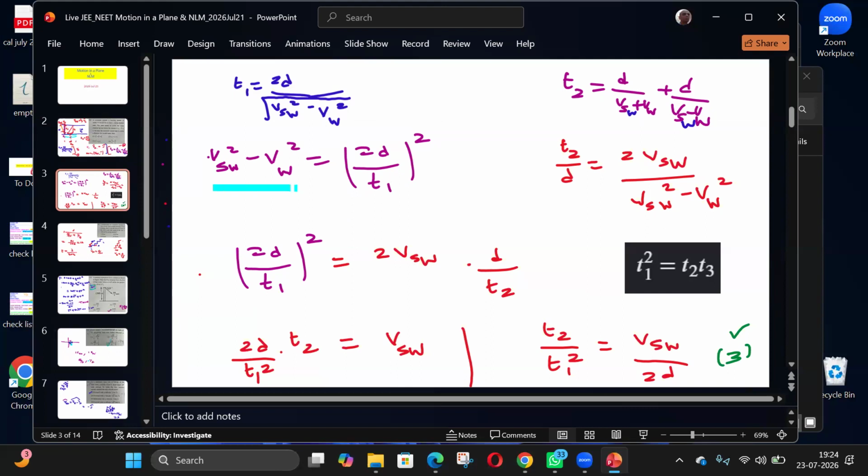This one I'm using it here. So this is the right hand side for this thing. I'm getting this thing from this one.